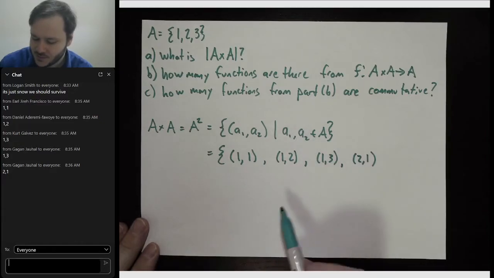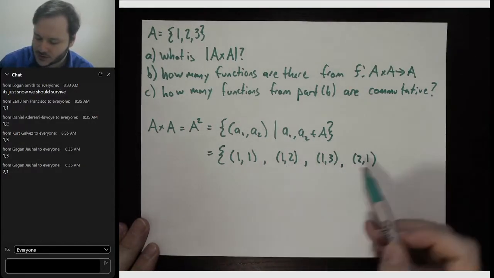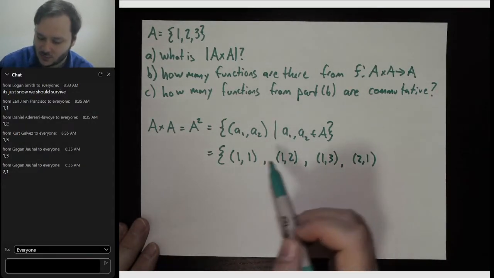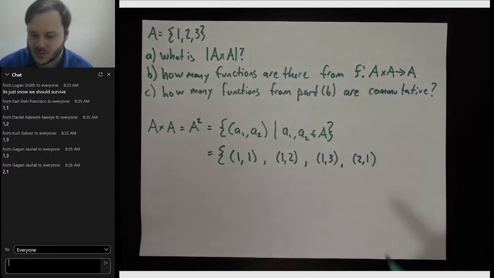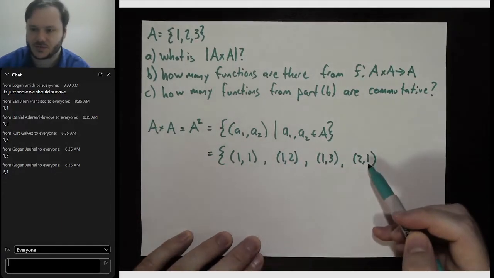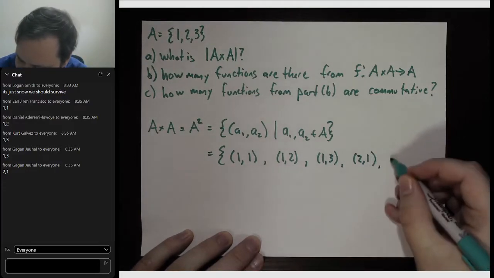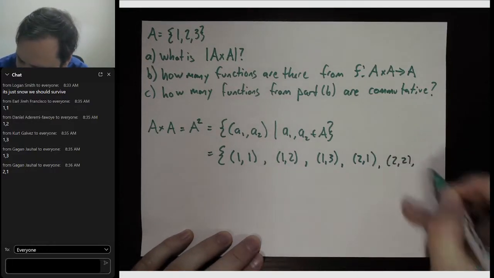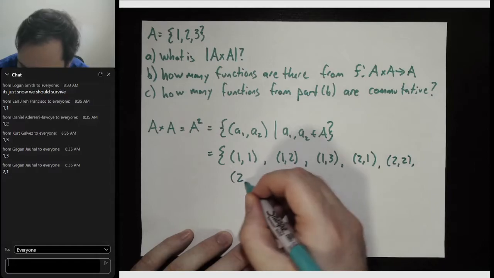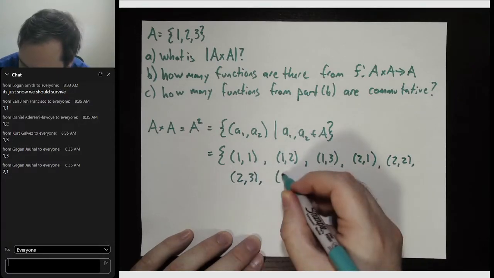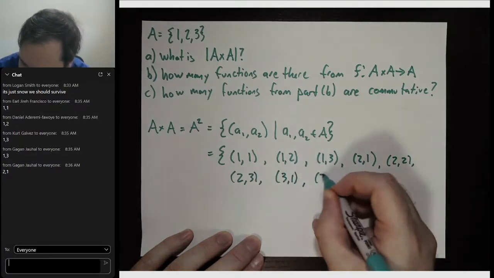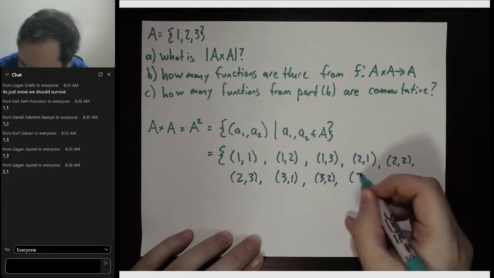They don't know about each other. And order also does not matter, or maybe it does matter. (1, 2) and (2, 1) are different elements. So the rest of the elements should be easy enough to come up with: (2, 1), (2, 2), (2, 3), (3, 1), (3, 2), and (3, 3).